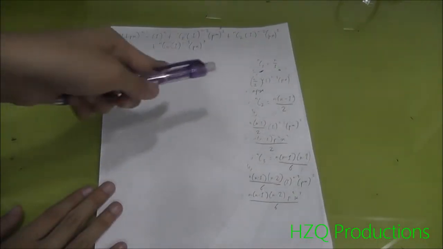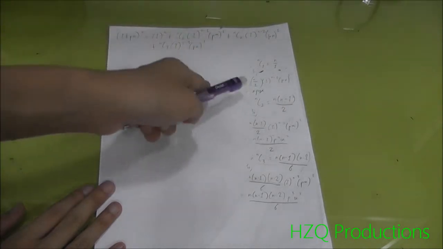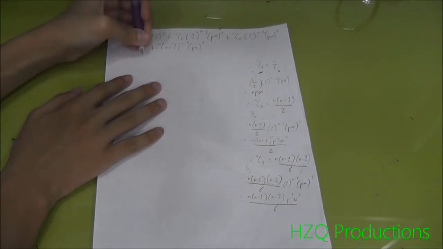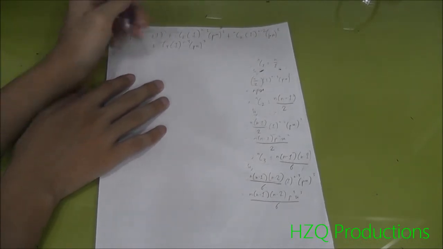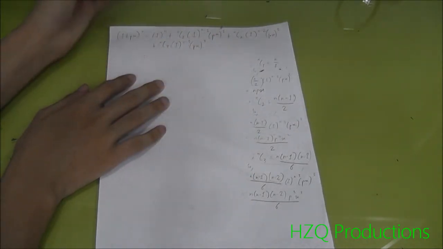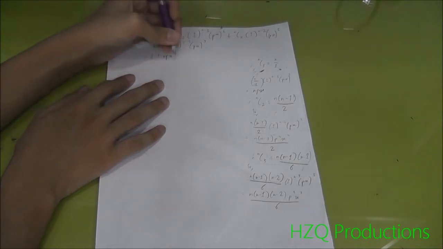Now that you've obtained a different way to find nC1, nC2, nC3, you're going to replace the nCs with what you've done there. Basically, at the end you should get 1 plus npx.